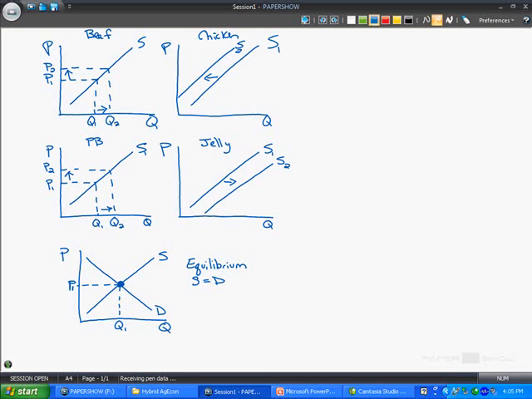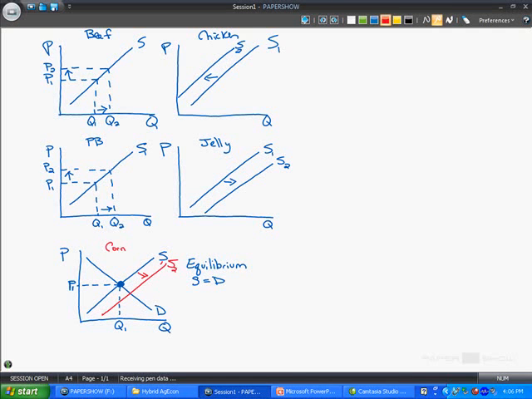And so over the course of the next several worksheets, we're going to look at what happens to price and quantity when there are factors out in the market that cause supply or demand to shift. So if, for instance, we have really good growing weather in the corn market, and we see an increase in supply, now I have a new supply curve, which means I have a new equilibrium point.